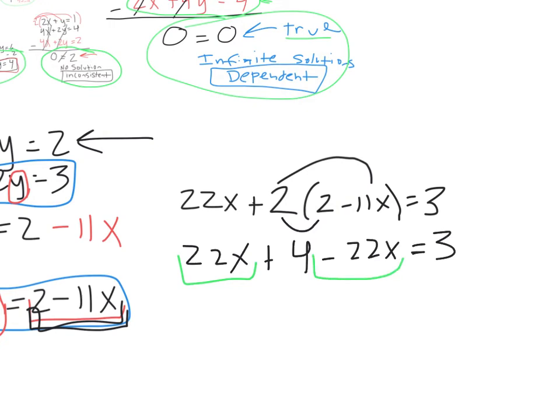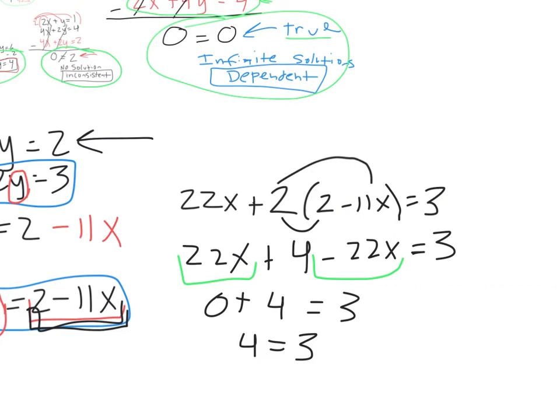That's 0. Those cancel out. So I have 0 plus 4 equals 3. 0 plus 4 is just 4. That's equal to 3. And I don't have a variable anymore. And I'm left with a number being equal to a number.